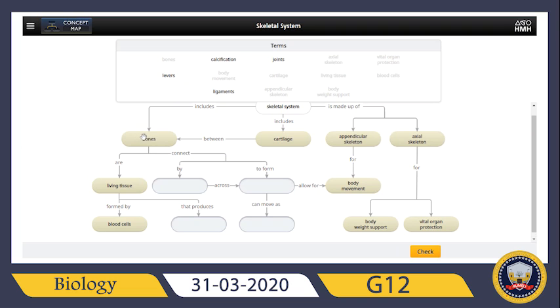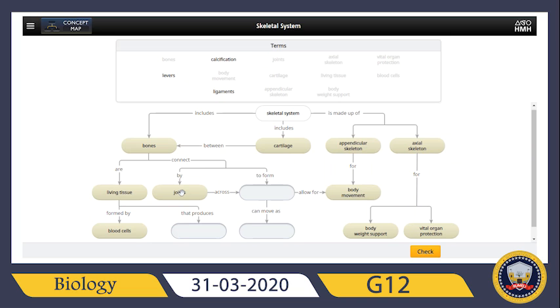So now bones connect what? The bones connected by ligaments or joints. Across what? To form what?